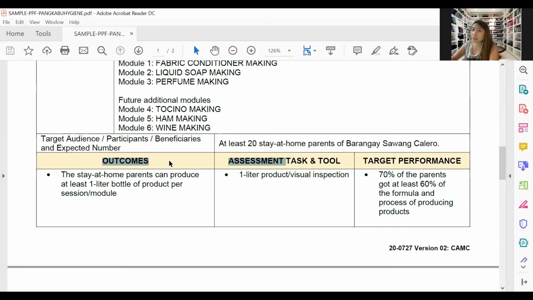So I invited my students, and the participants, there was a group that decided to make it a business, and they're actually an organization now that sells the dishwashing liquids and fabric conditioner. They are actually selling it here in the subdivision. So that is the more ambitious outcome of this project.